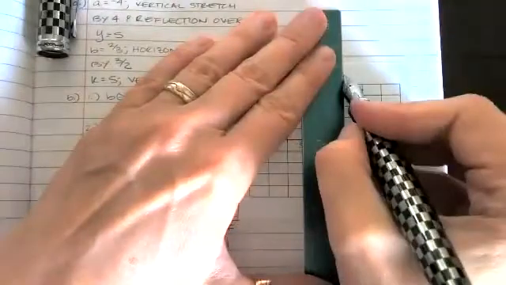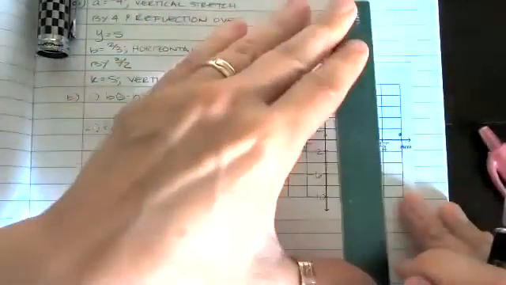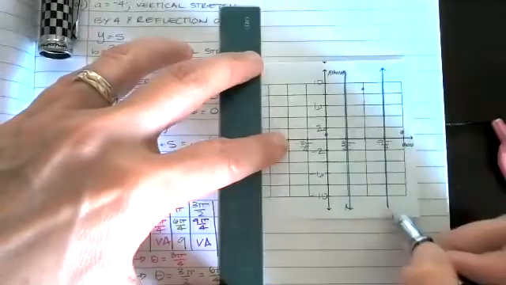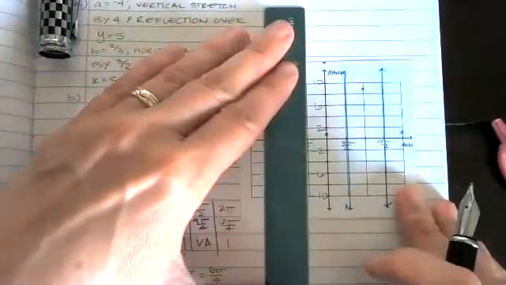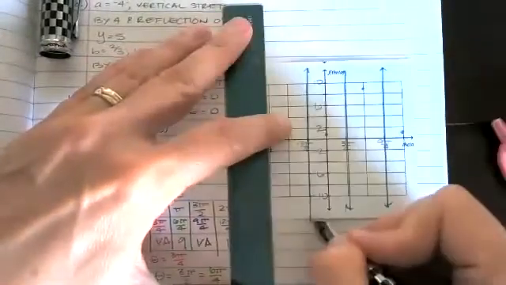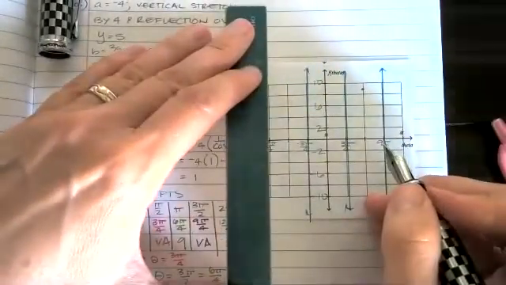So let's start to sketch this. We said there was a vertical asymptote here. We said we had one here. Okay, so now we can see the pattern of where the vertical asymptotes are. So I predict we have one here, and one here.